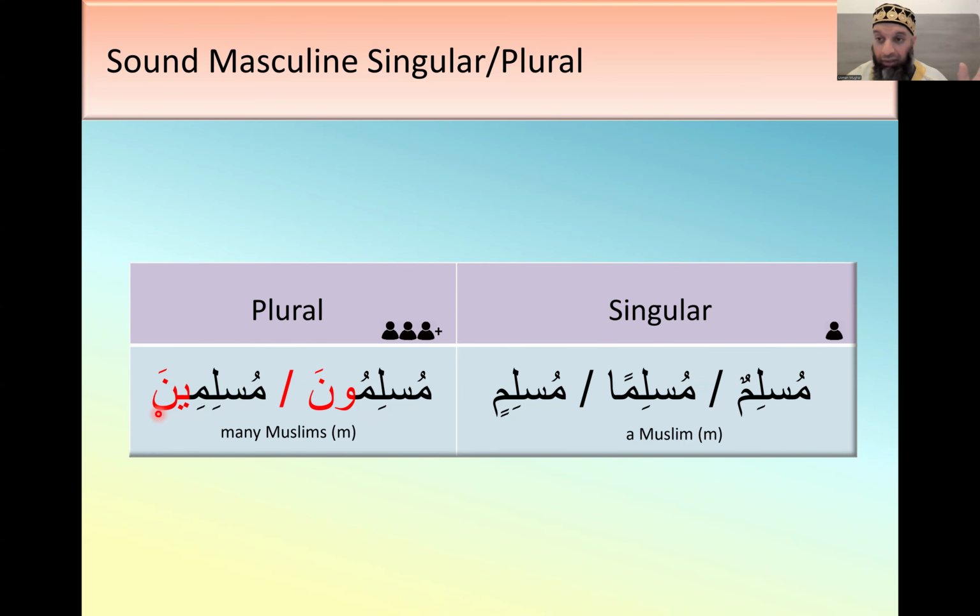That's it. Those are the two ways to make a masculine singular sound plural. If there's a masculine word with a sound plural, it's going to end either in a waw and a noon or a ya and a noon.